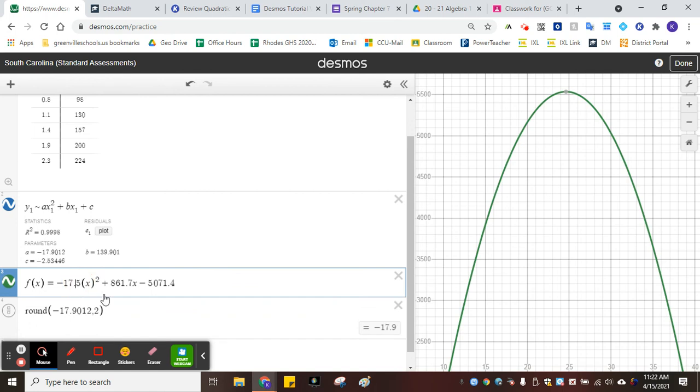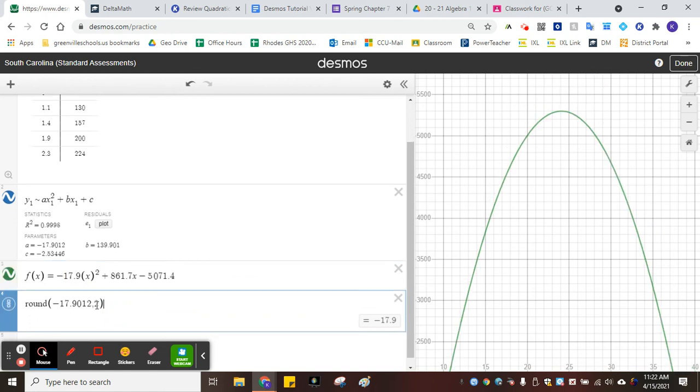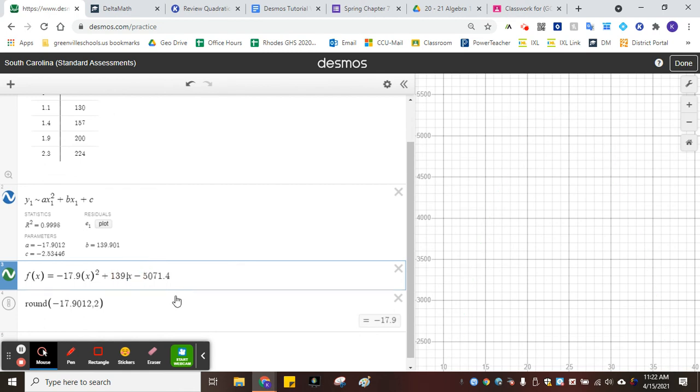So negative 17.9 x squared plus 139.9 minus 2.53. That's it. Just so you see, negative 2.53446. And at 2 decimal places is negative 2.53.